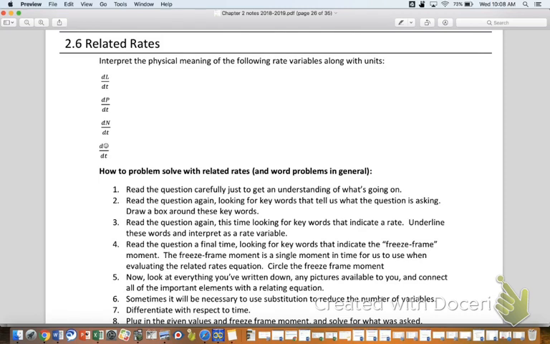I wanted to start off by trying to interpret the meaning of symbols. These could mean all kinds of things. dL/dt, I'll just give you some examples here. I would say dL/dt could be the rate of change of lemons with respect to time. These are just for instance.